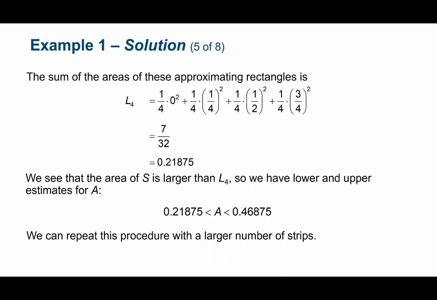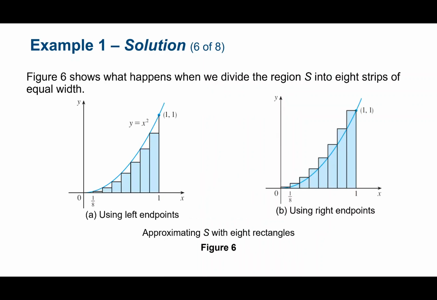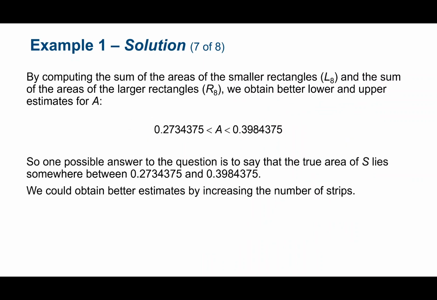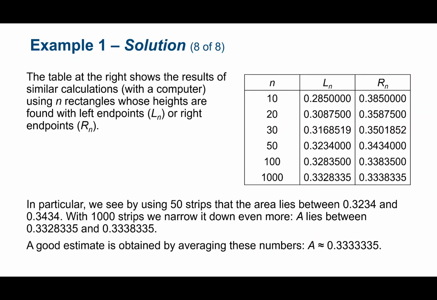Okay. And here's a table. Okay, that's just using more rectangles. So the more rectangles, the more accurate we're going to be. So here, if we do 1,000 rectangles, then the ones with the left endpoints on the graph, the estimate that's going to be too small, we get this number.